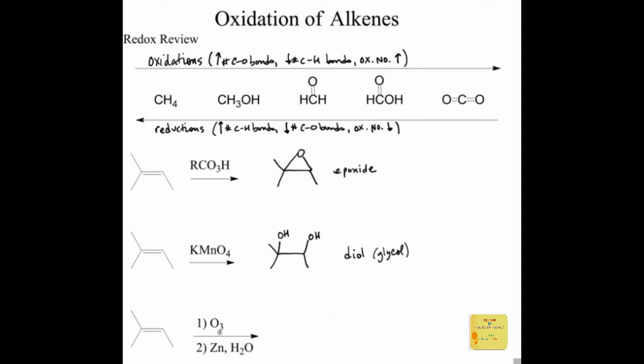Or you can react with ozone, a reaction called ozonolysis, and in that reaction we actually break the carbon-carbon double bond and we replace it with carbon-oxygen double bonds. And we get these carbonyl products. So we're going to get either ketones or aldehydes or some combination of those, depending on what your substitution patterns were on the original alkene.